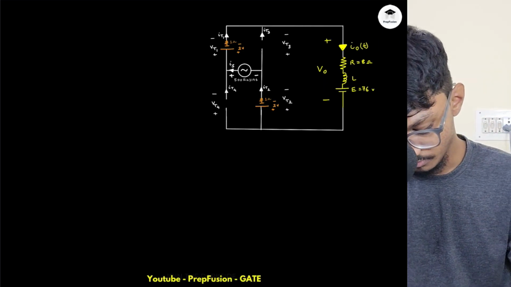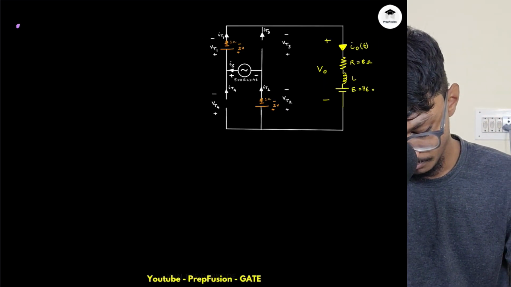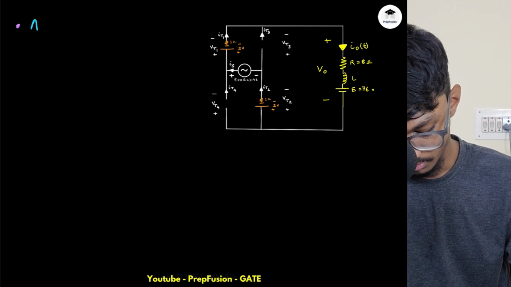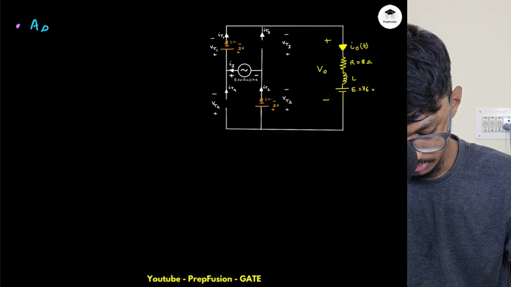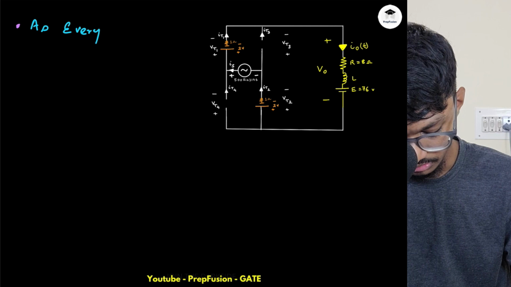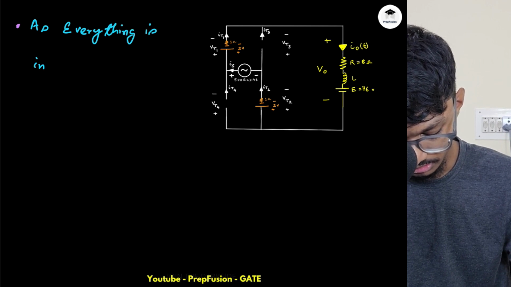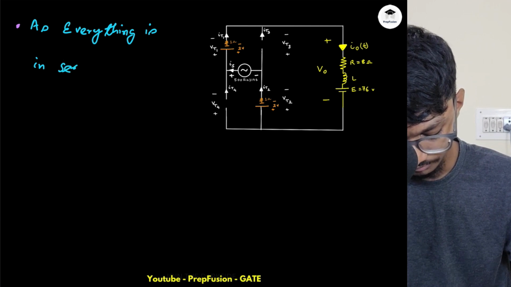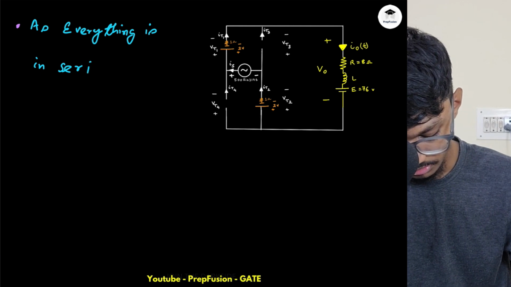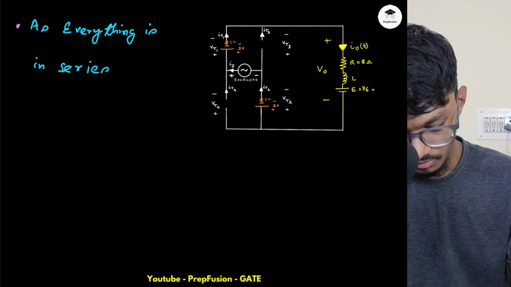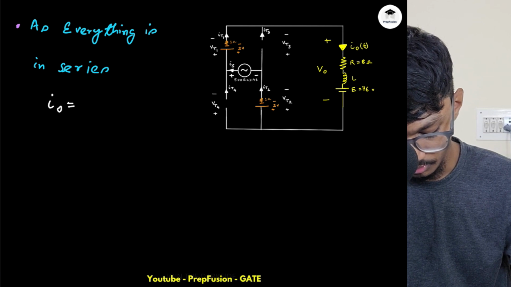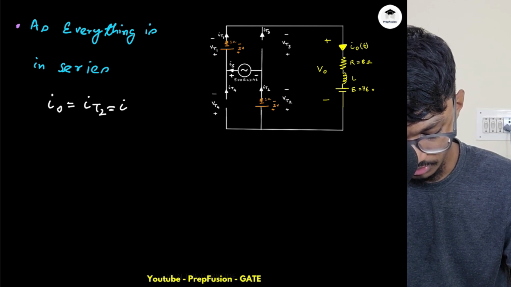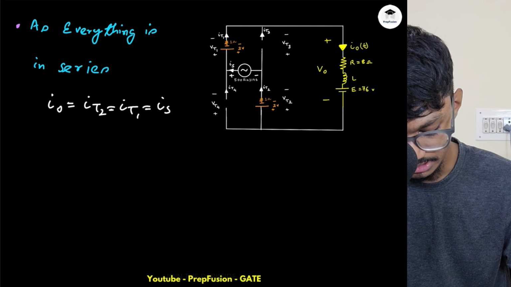Everything is in series, IO equals IT2 equals IT1 equals IS.